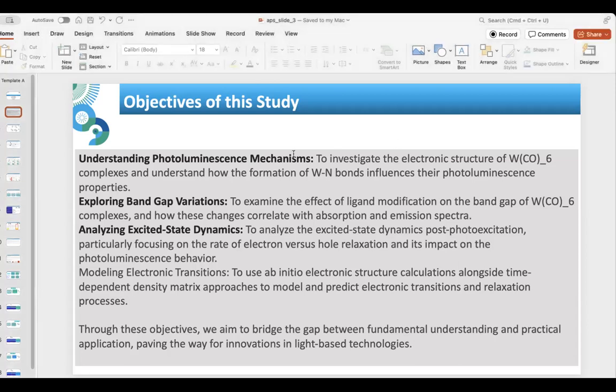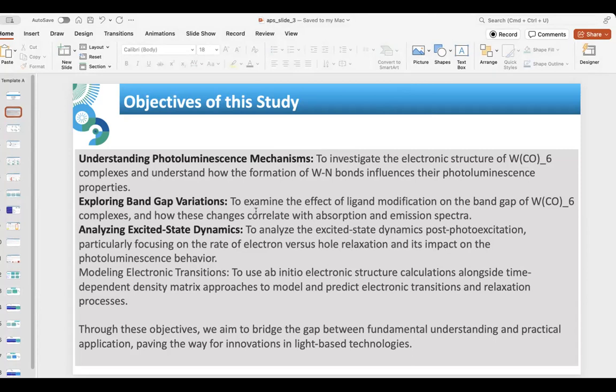So here I summarize the objectives of our work. First, we want to investigate the electronic properties of the tungsten hexacarbonyl complex and understand how the formation of the tungsten and nitrogen bond influences their photolysis properties.